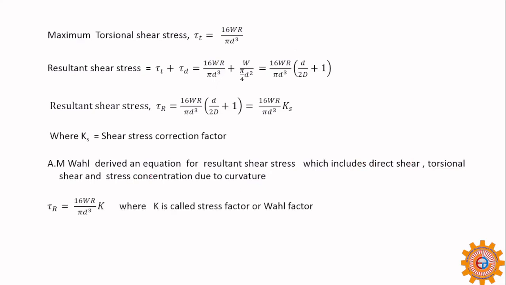So the resultant shear stress is equal to 16WR by πd³ into K, where K is called the stress factor or Wahl factor. K is equal to (4C minus 1) by (4C minus 4) plus 0.615 by C.